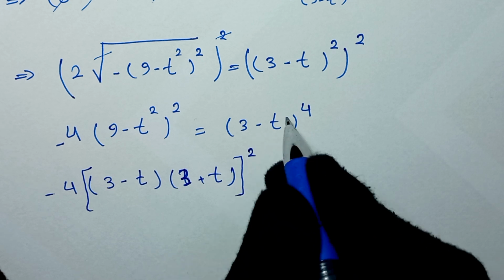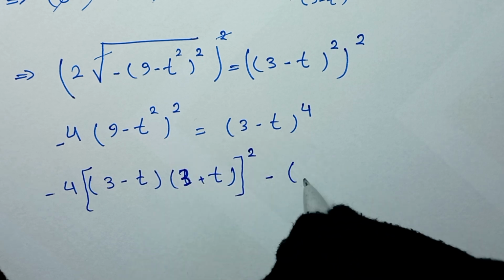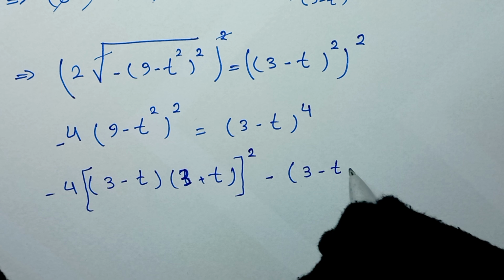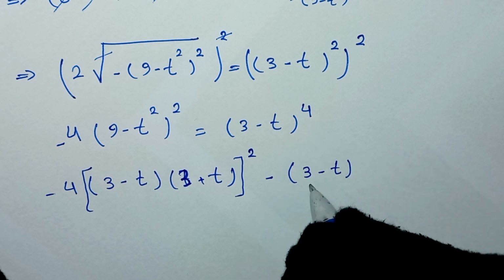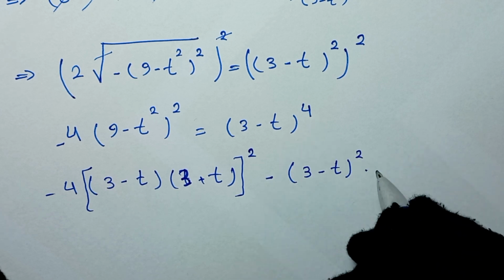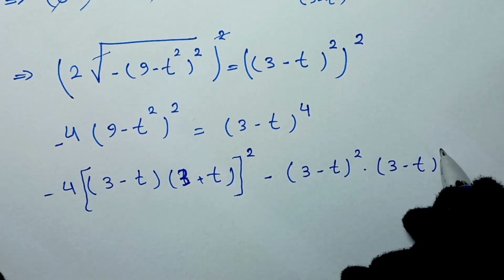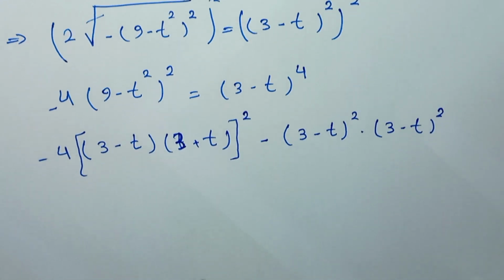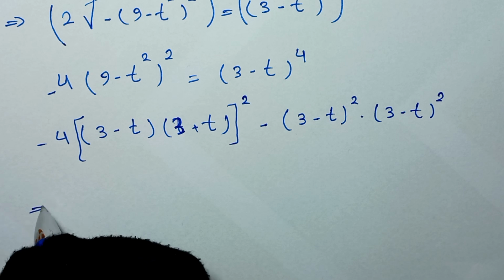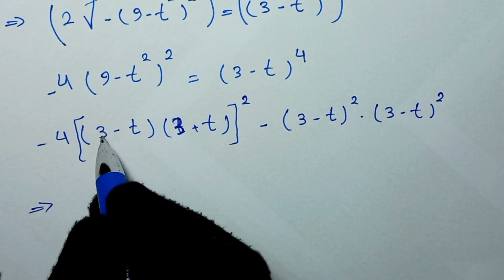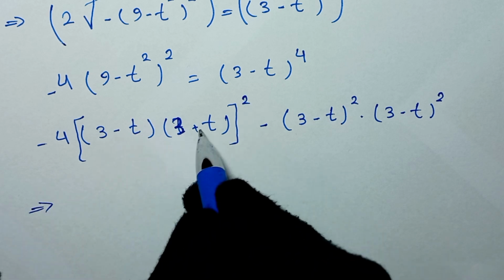And here we take this to this side, and it will be negative 3 minus t to the power of 4. And we can write this 3 minus t to the power of 2 times 3 minus t to the power of 2, right? And it will be 3 minus t to the power of 2 times 3 plus t to the power of 2, right?